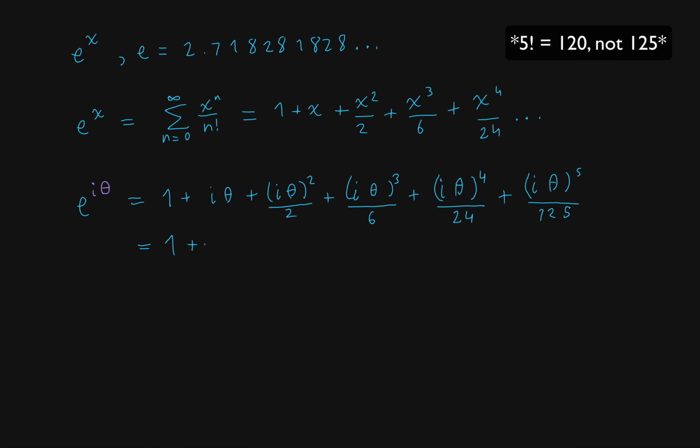We're going to have 1 plus i theta plus, well, i squared, that's negative 1. So we're going to have negative theta squared over 2.